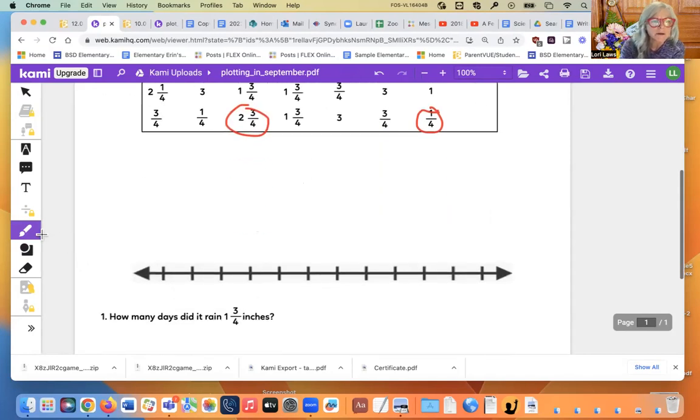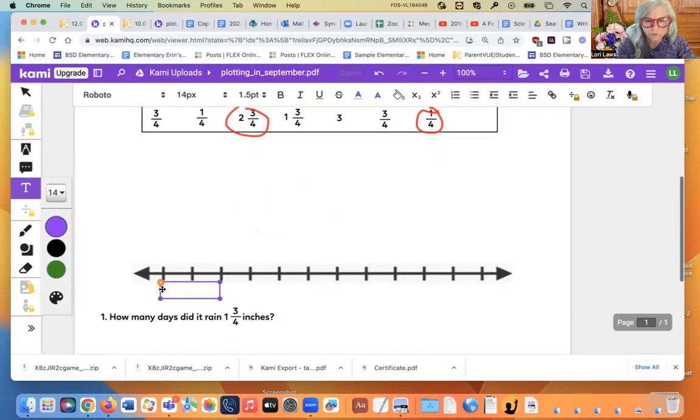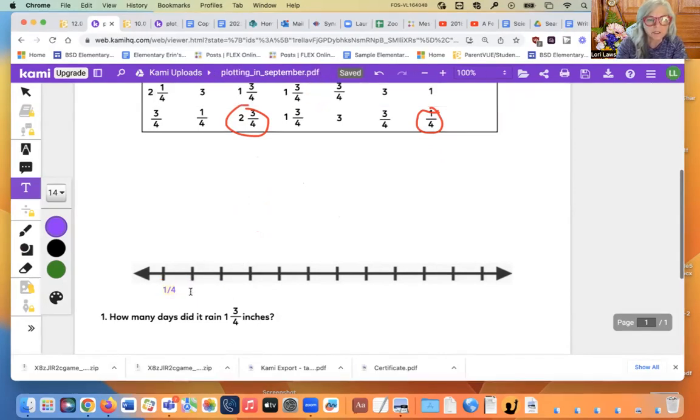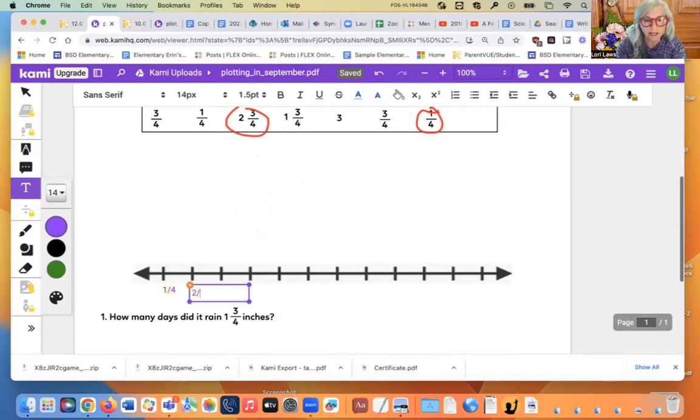So then I'm going to go down here and I'm going to put in 1/4 here. And I'm just going to keep going. So I'm going to go to the next thing and put 2/4, which is the same as 1/2.